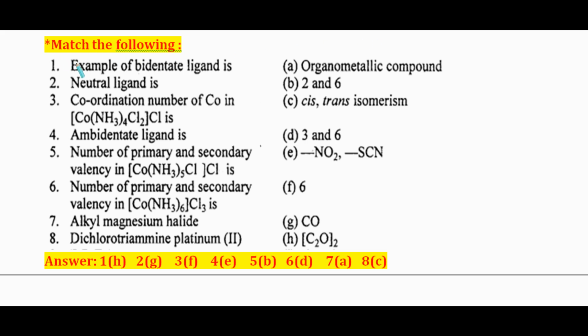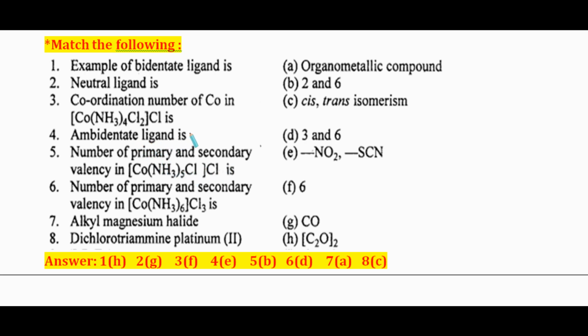Now the next question is match the following. An example of a bidentate ligand is C2O4 2-. A neutral ligand is CO, carbonyl. Coordination number of Co in [Co(NH3)4Cl2]: 4 ligands and 2 ligands, the total number of ligands is 6, so the coordination number is 6.